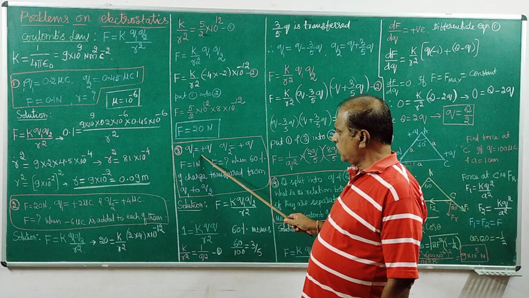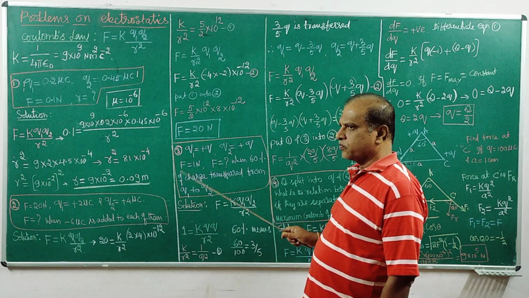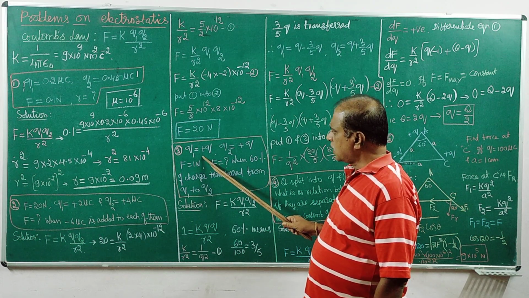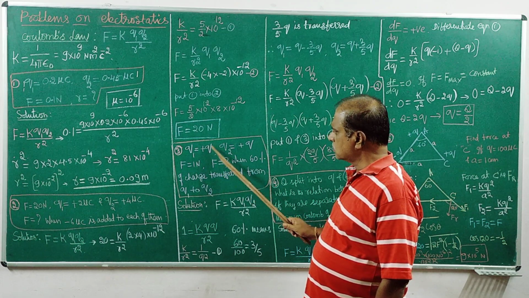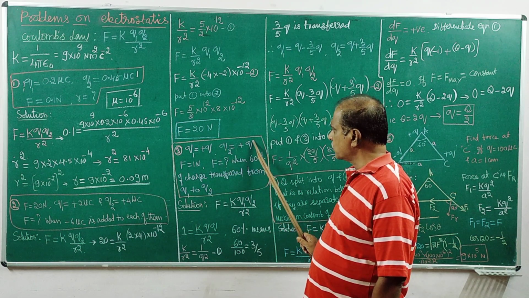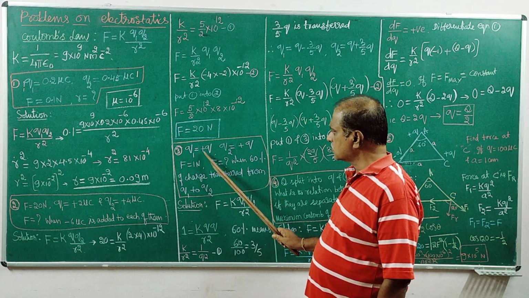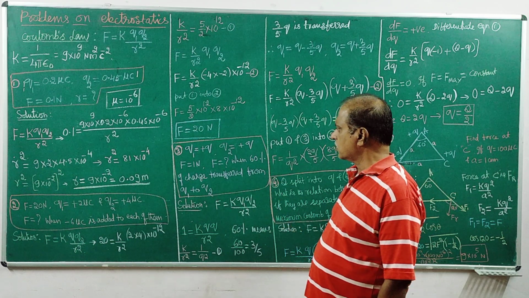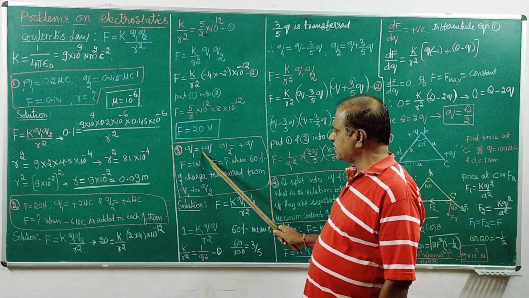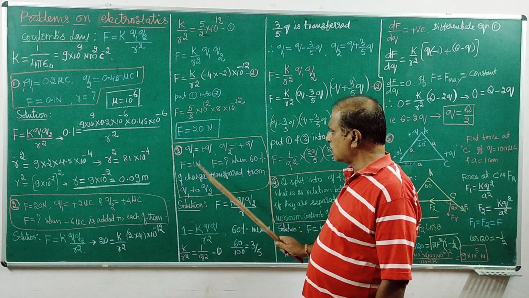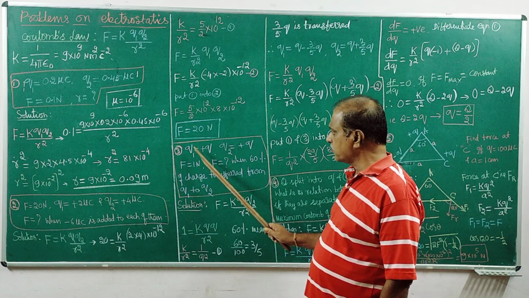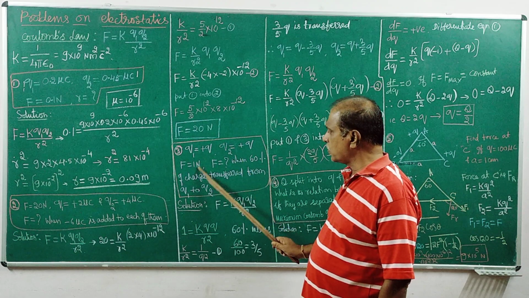So next problem, the data is here. I will read the problem. There are two charges given. Q1 is Q2. Both charges have the same magnitude Q, same sign, plus plus. In the space, the electrostatic force between these two charges is 1 Newton.